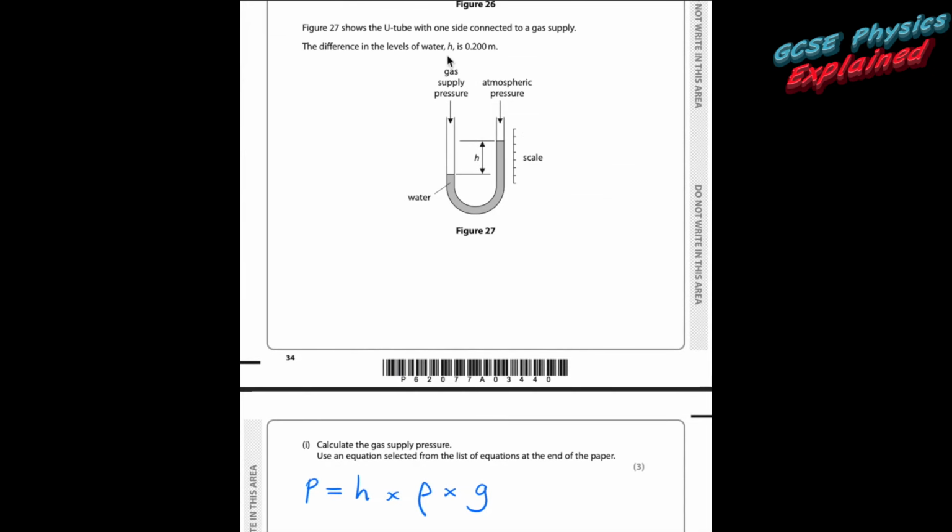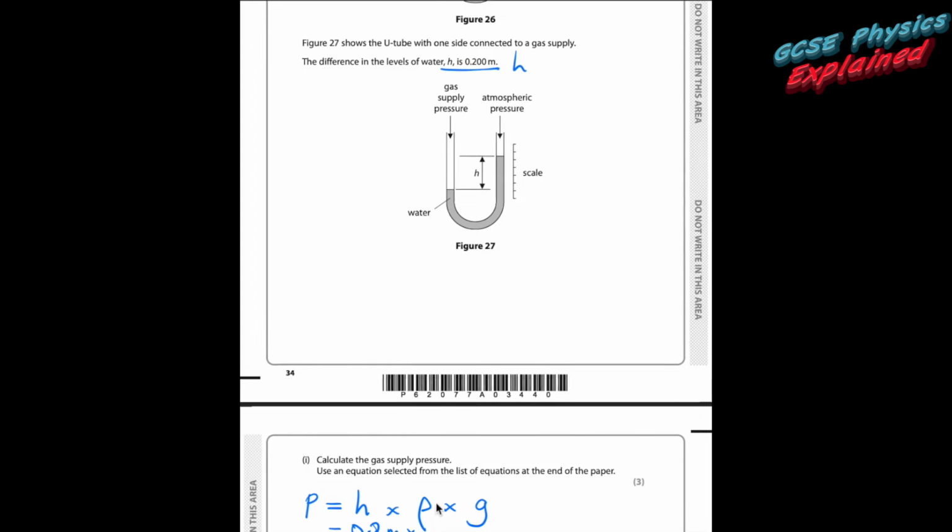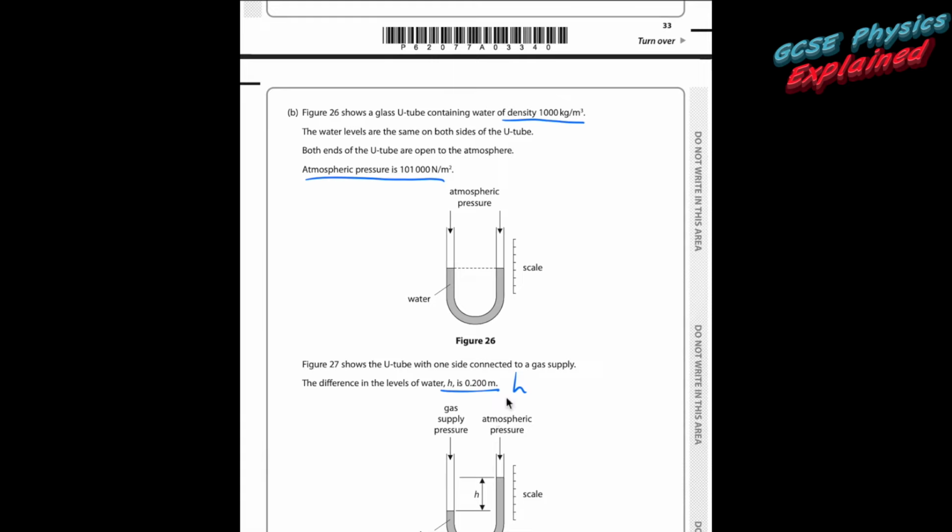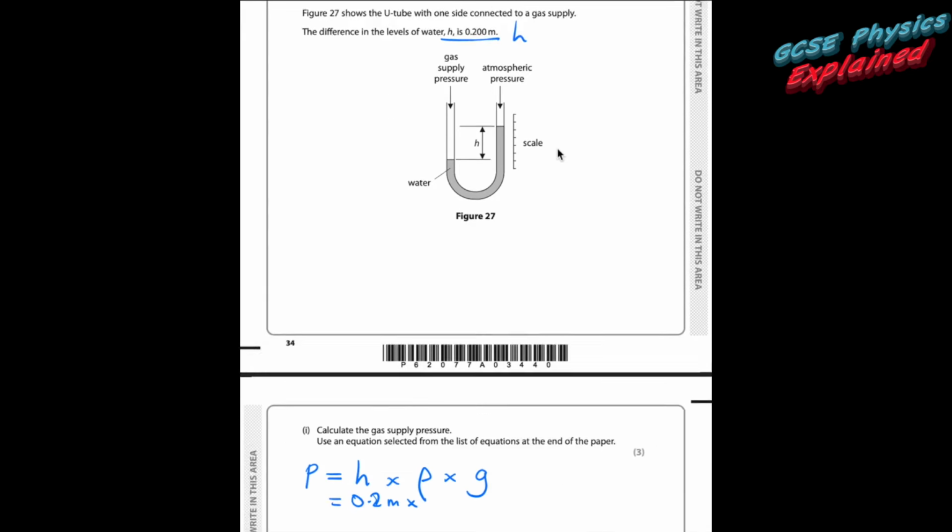So the height difference was 0.2, so that's our H value. Multiply that by the density. Density is 1,000 kilograms per metre cubed.